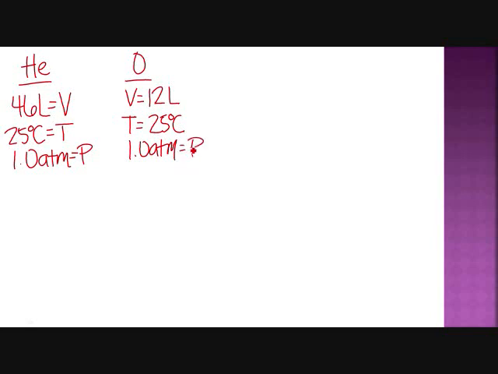Okay, so what the problem is saying is we have a separate container of helium and a separate container of oxygen. It should be diatomic, sorry, my bad. And they're getting pumped into the same container. So when they're added together, the tank has a volume of 5 liters.